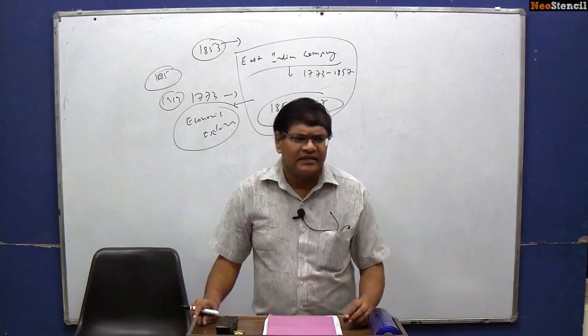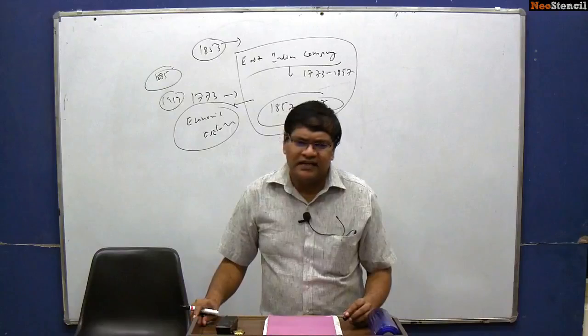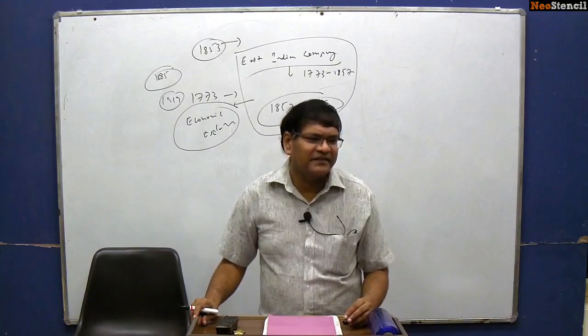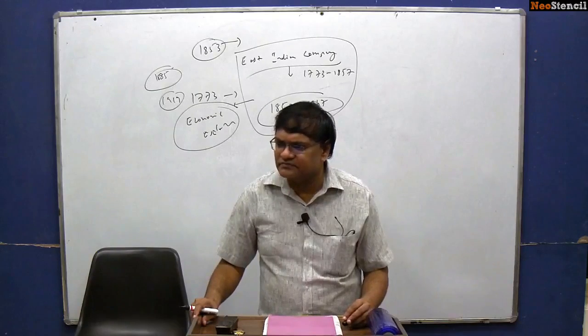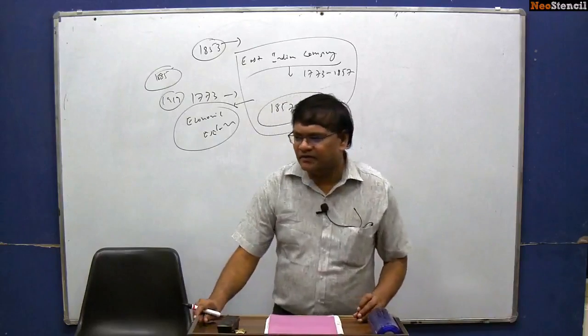So what the 1853 Act has done is to say that we must separate the functions of legislature from that of executive, sowing the seeds for what is popularly known as parliamentary democracy.